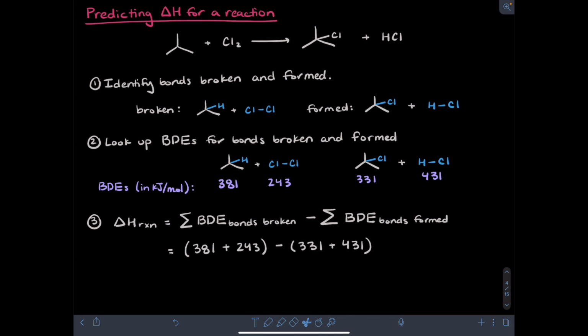In this case, the bond dissociation energies for the bonds broken are 381 and 243, and those for the bonds formed are 331 and 431. Overall, I calculate delta H for this reaction shown above as negative 138 kilojoules per mole. Because this value is negative, I would call this an exothermic reaction.